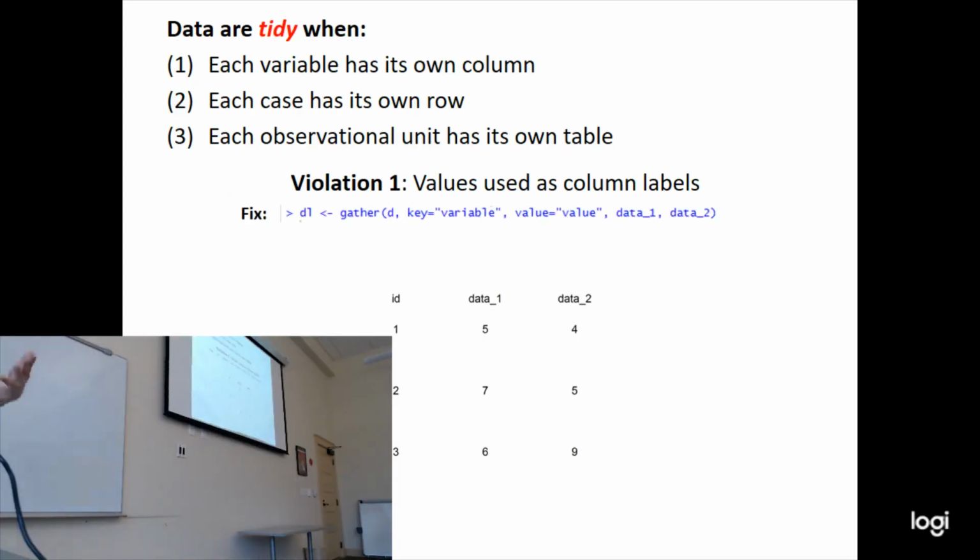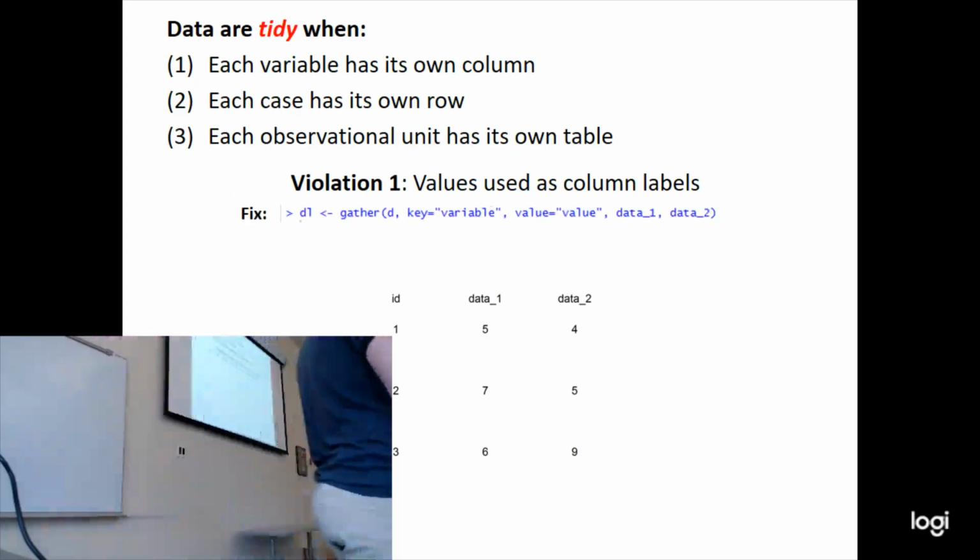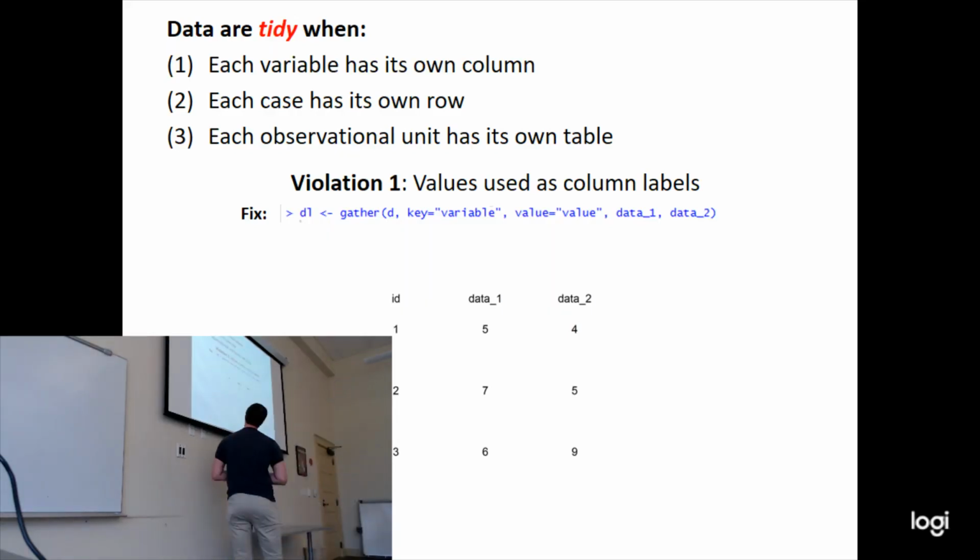There's a particular function that is in the tidyverse family of packages. Most of the functions that I'm going to show you are in the package tidyverse. This one is called gather.